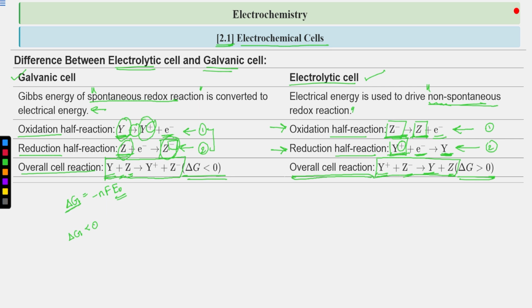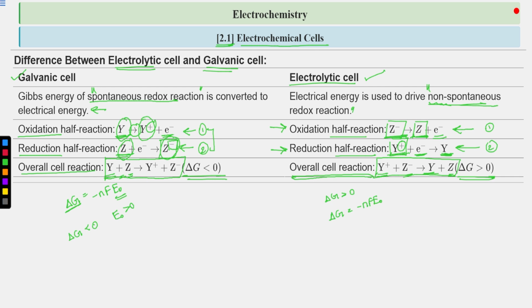So this value will be negative when the E naught value is positive, because if E naught is positive, the whole value already has one negative in front of it, so the whole value will be negative. So E naught will be positive in this case. And in the case of the electrolytic cell, where del G is greater than 0, that means positive, and as per this equation, del G equals minus nFE naught.